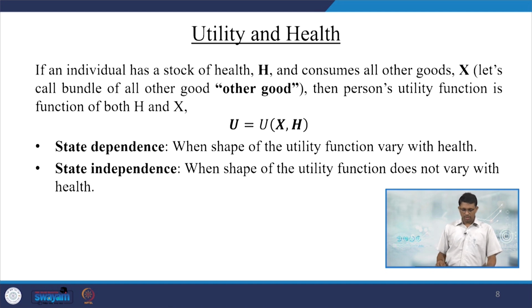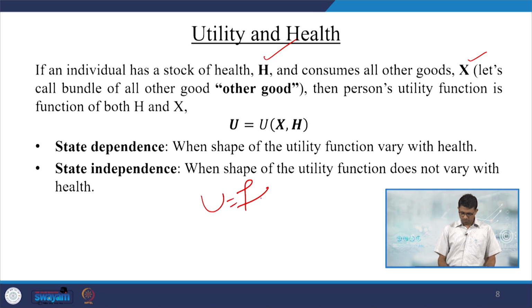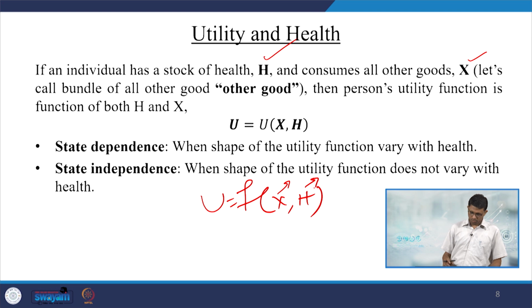If an individual has a stock of health, which we denote here as H for your clarity, and consumes all other goods, noted here as X, let us call the bundle U as a function of X and H. X stands for your basket of all other commodities, and you are carrying a stock of health.